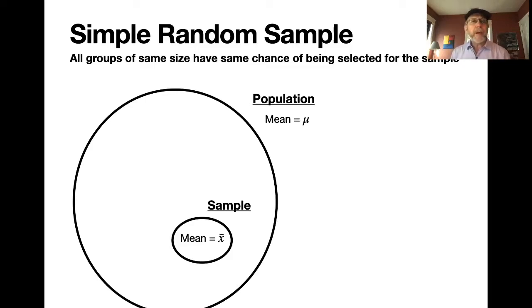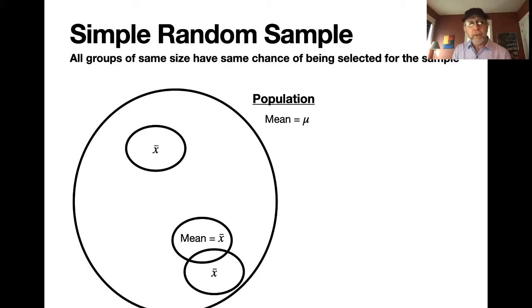But in order to do that, we need to realize that the X bar we observed came from the sample that we picked. And there are a whole bunch of other possible samples out there. And each of them comes with their own X bar value. So here's one, here's another one, here's another one. And all these X bar values are not going to be the same.